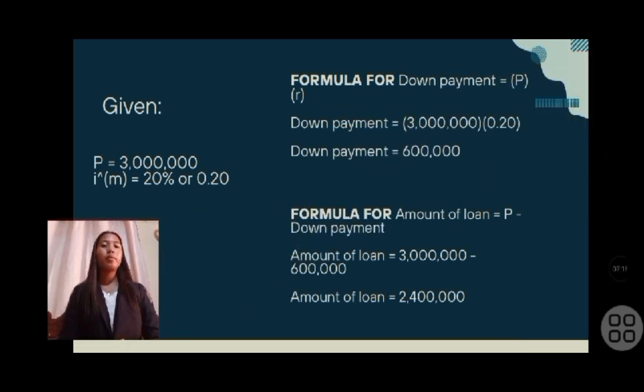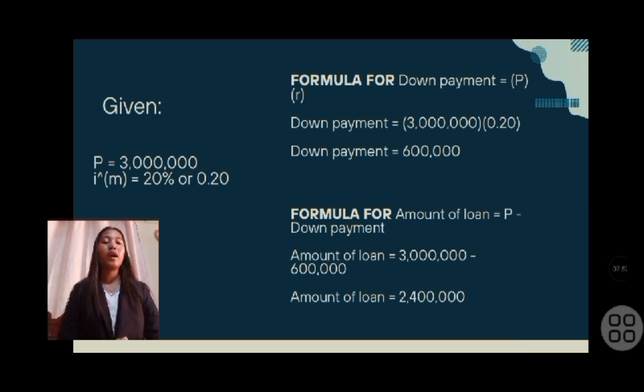The formula for down payment is simply we multiply our principal value times the rate. So our down payment is 3 million multiplied by 0.20, which is equal to 600,000.